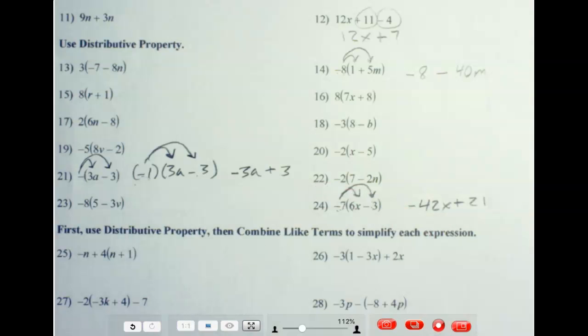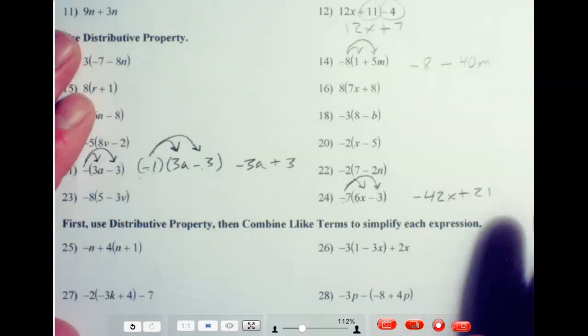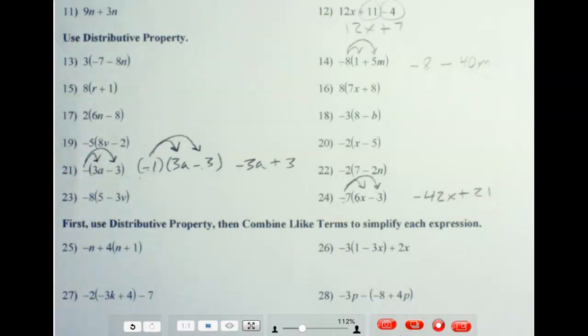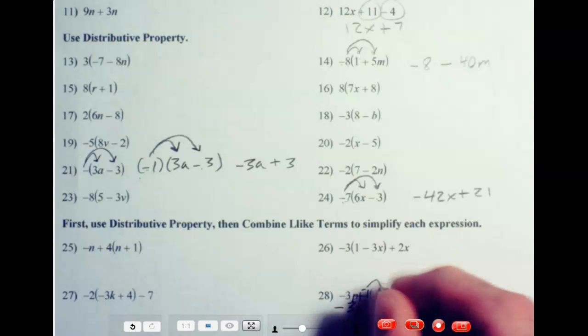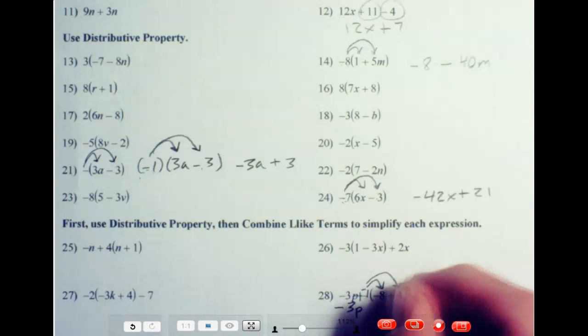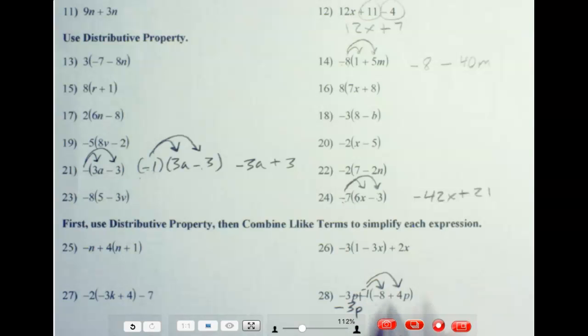Okay, let's try a couple of these guys down here. These are getting a little harder. This one looks really hard here. Well, we've got negative 3p. And let's make this negative 1 here that we're going to distribute out, or you can make it plus a negative 1. Distribute this out. We've got 1 times 8 is 8.